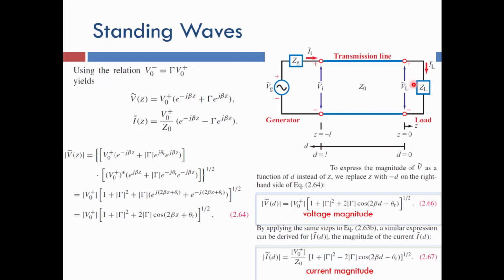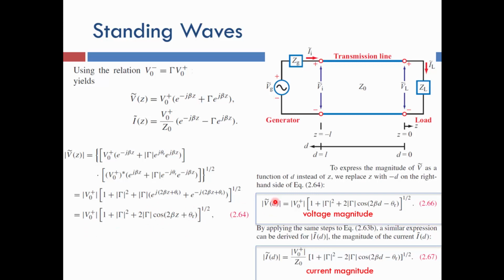We consider here that at the load we have d equal 0, and we start counting the position as we move in the generator direction. So at the generator d is equal to L, and at the load d is equal to 0. Or you could keep this form of the voltage magnitude formula; you could use this or this, it's the same.